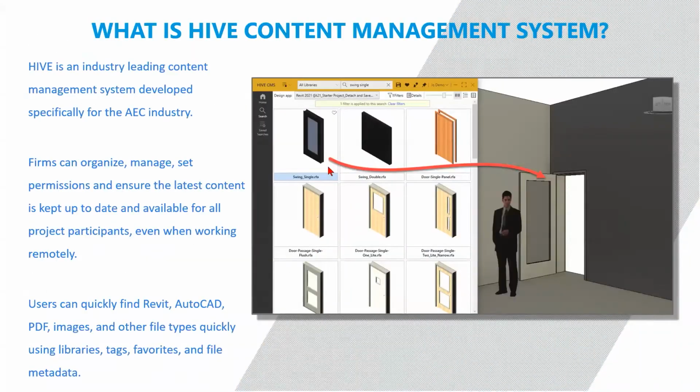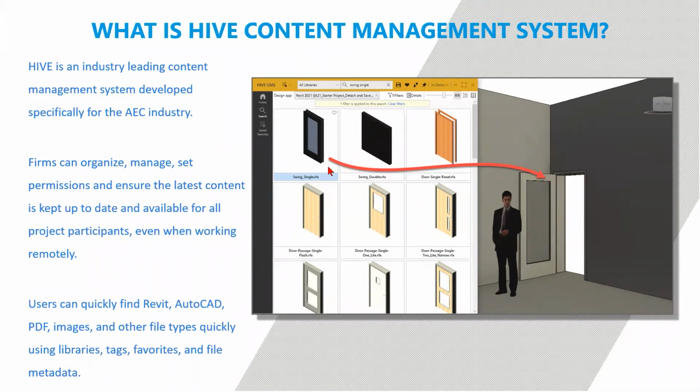Hive Content Management System, and what Hive was originally designed for was just exactly what it says. It's content management, organizing and managing your firm content. Specifically, BIM managers and project managers can be assigned as controlling managers, and then you can have your user group set up to control the content that your firm uses.